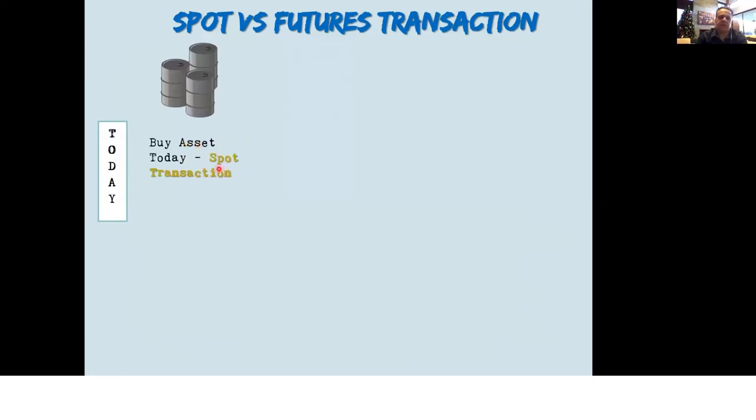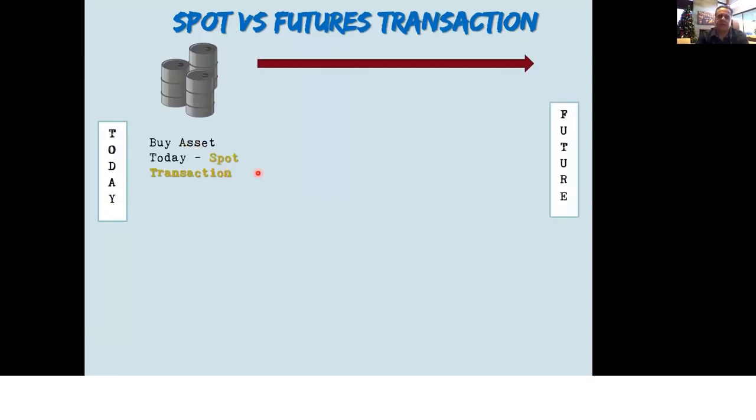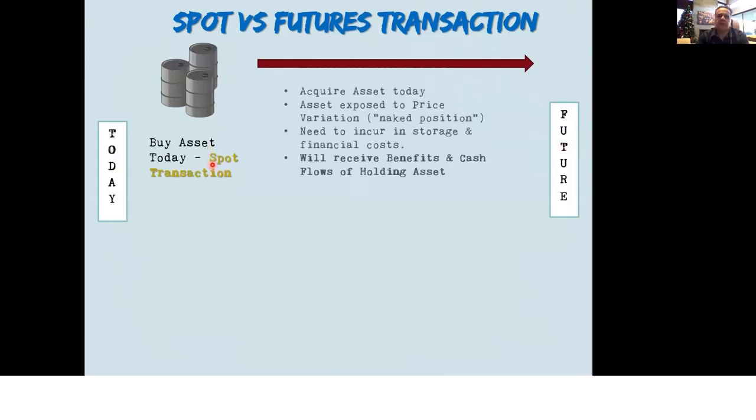A spot transaction is usually defined as a transaction that is settled within 2 or 3 business days. And for some reason, you will probably need this asset in the future, but you will buy it today. So in this case, as you acquire the asset today, you will be exposed to the price variation on that asset. That's what is called a naked position.